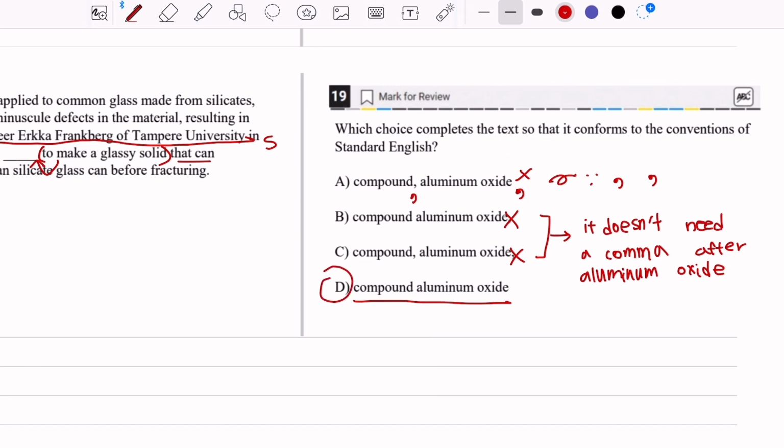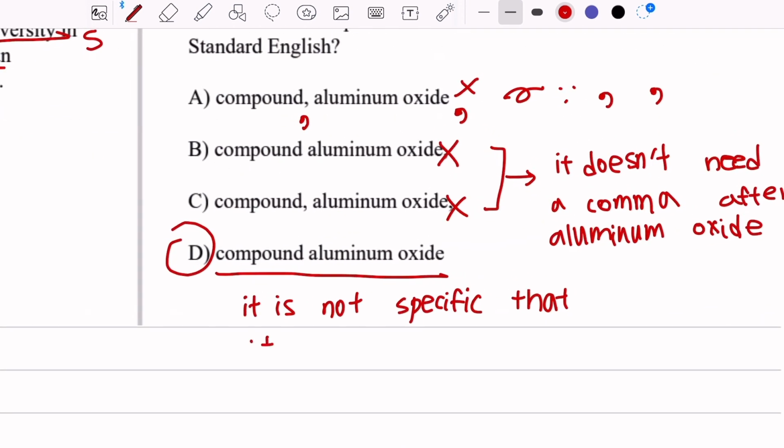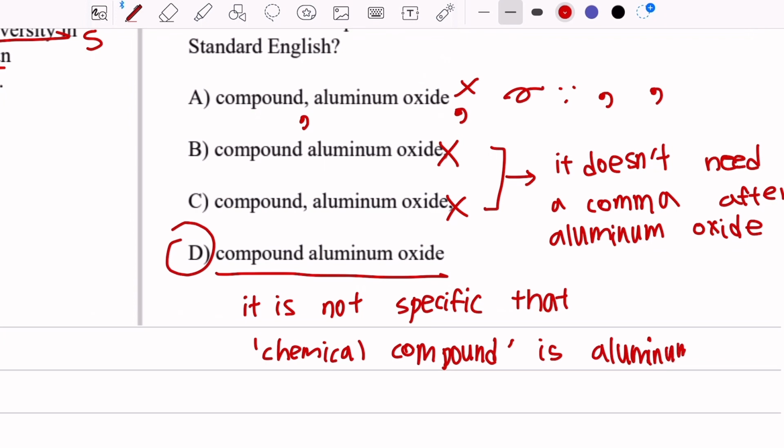And one more reason why it's the answer, because in the text it is not specific that the chemical compound is aluminum oxide.